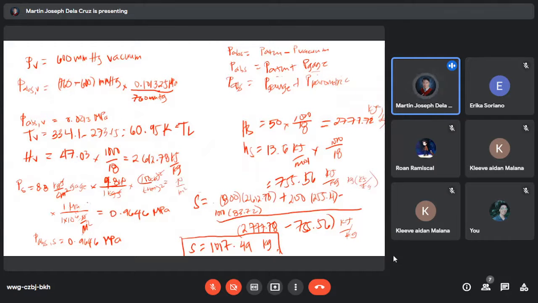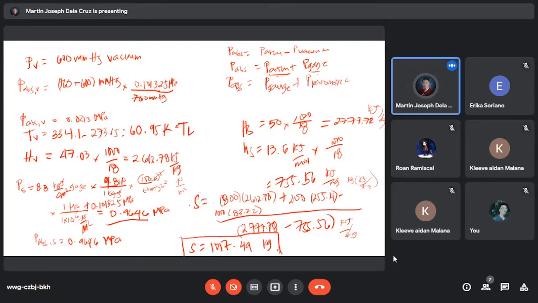Dapat mag-add pa tayo ng 0.101325 dito, megapascal, to get 0.9646. Okay? Kasi, di ba, sabi ko kanina, gauge, we have to add 1 atm. So, mag-add pa tayo ng 0.101325. So, kaya makukuha natin si 0.9646.